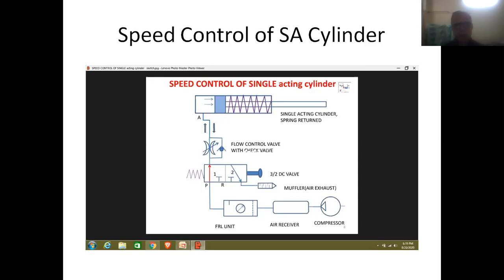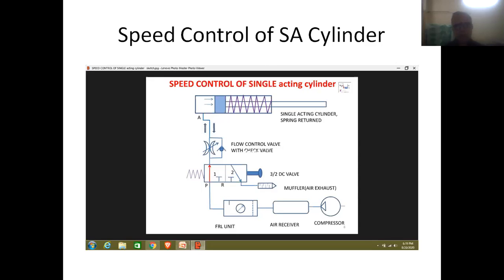So friends, regulating the quantity of fluid and controlling the speed of the fluid is very important for operating the circuit. Therefore, it is referred to as speed control of the cylinder.